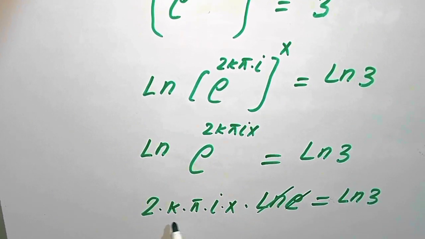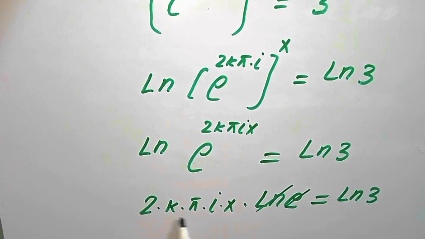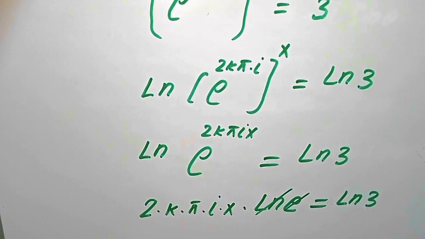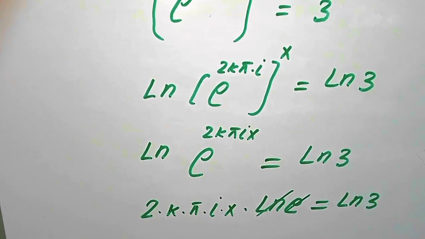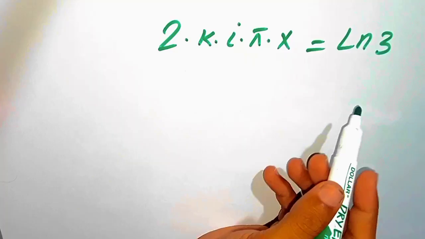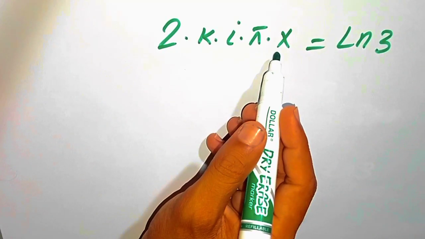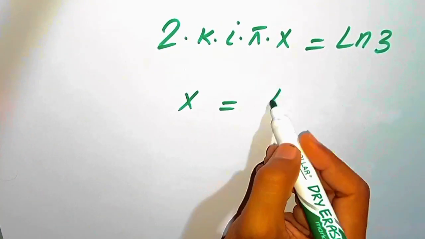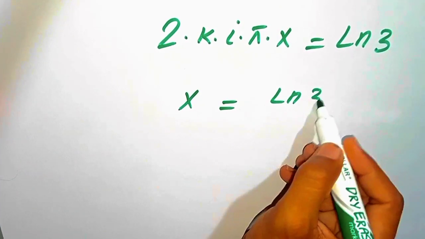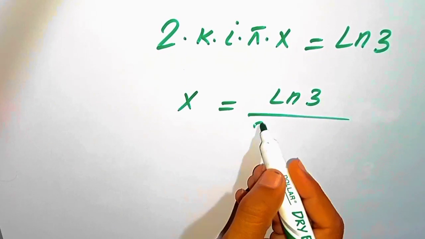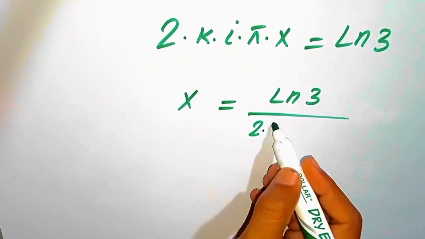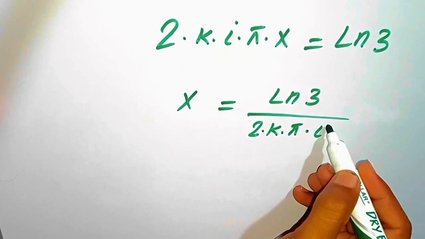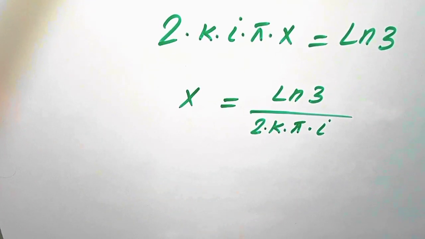So we have 2k pi iota x is equal to ln 3. On the left side simply x remains, so x is equal to ln 3 divided by 2k pi iota.